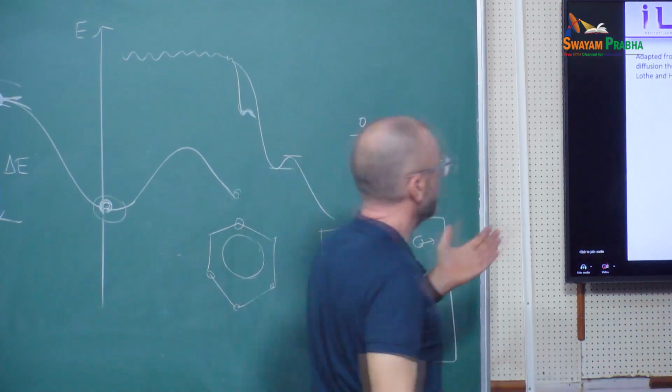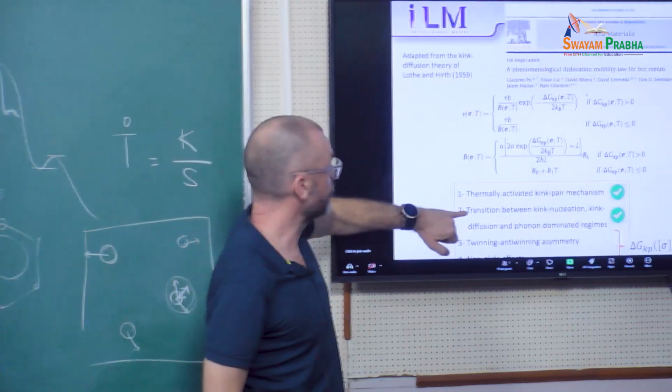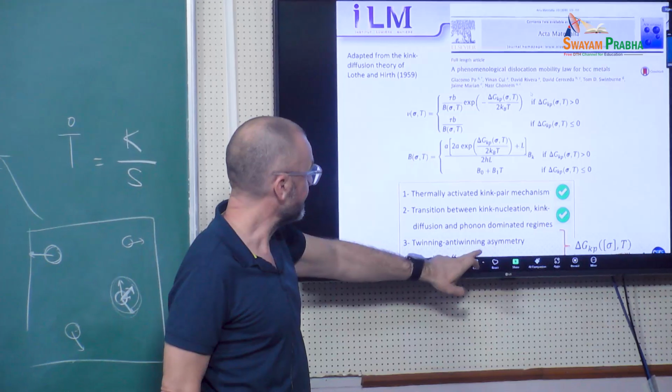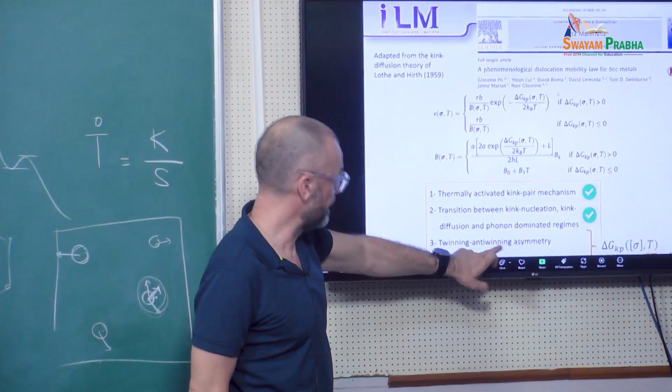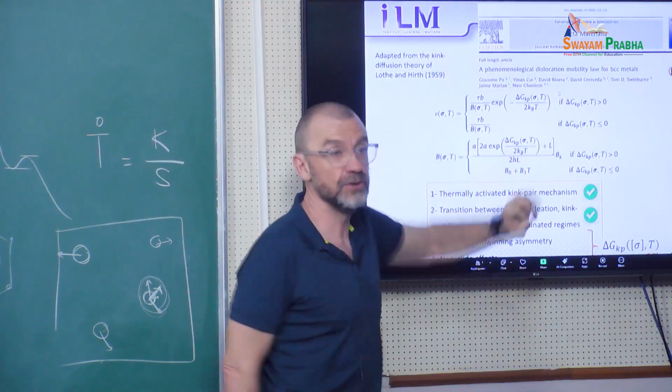So this law accounts for the thermal activation. It accounts for the transition between thermal and athermal glide. And it also accounts for the non-Schmidt effects through the expression of the free energy barrier.